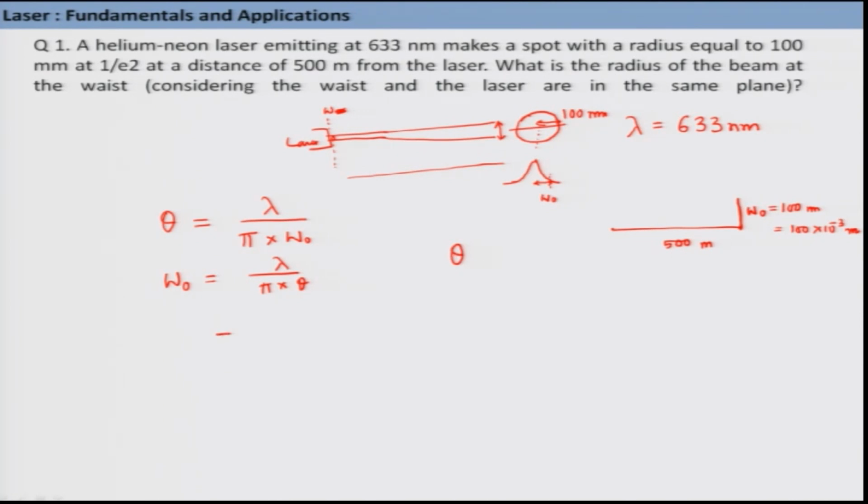It will be very easy. Lambda is 633 nanometer, that means 633 into 10 to the power minus 9 meter. You have pi, and your theta in radian will be given by 100 into 10 power minus 3 meter divided by, here it is 500 meter.